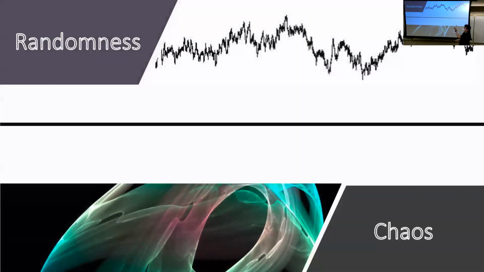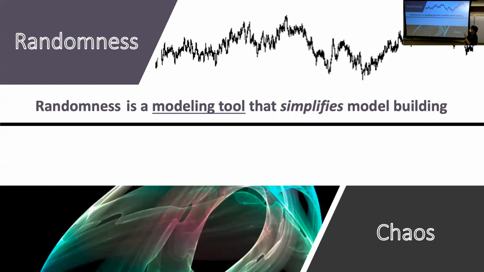So on one side, we have randomness. And randomness is actually a modeling tool that simplifies model building. And we'll talk about what that means, but to give an idea of where we're going with that, very few processes in nature are actually random. You have to get down to the quantum mechanical level where you actually find true randomness. Most of the time, they're just complicated, involving too many variables for you to really account for.